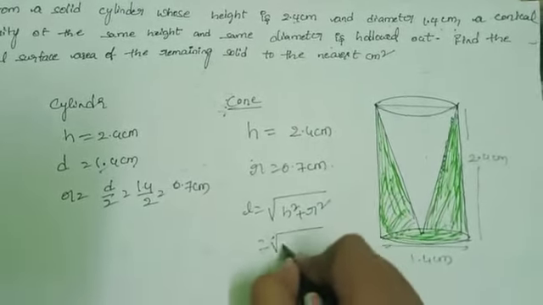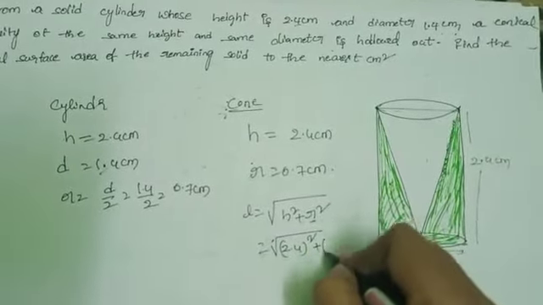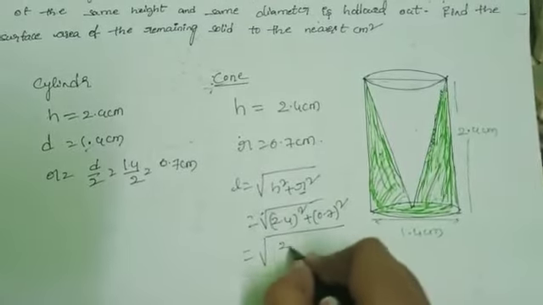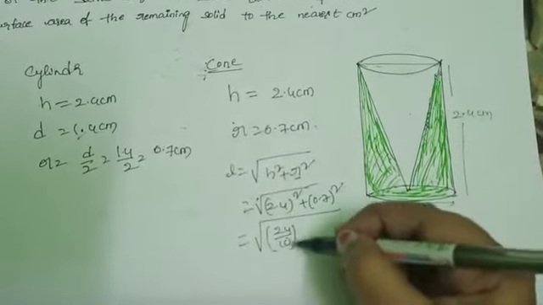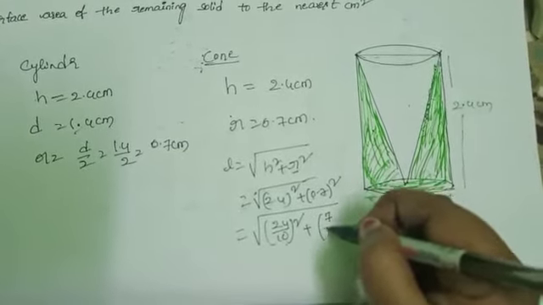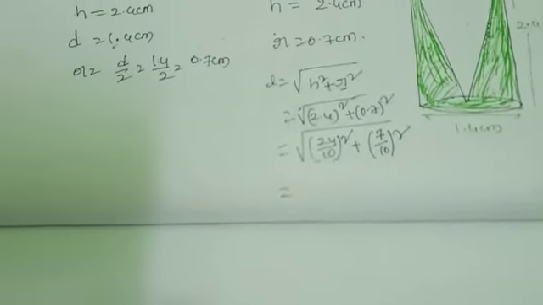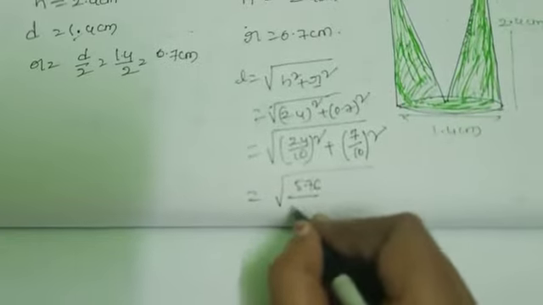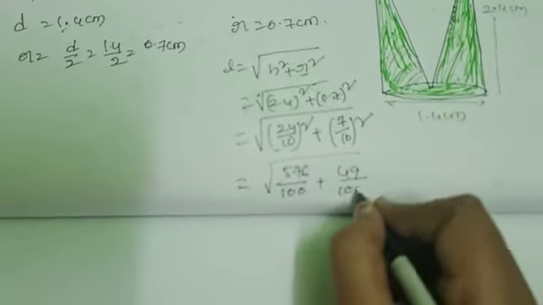H square is 2.4 whole square plus r square is 0.7 whole square, which is equal to 24 by 10 whole square, writing 2.4 as 24 by 10, plus 7 by 10 whole square, writing 0.7 as 7 by 10. 24 square is 576, 10 square is 100, 7 square is 49, 10 square is 100.